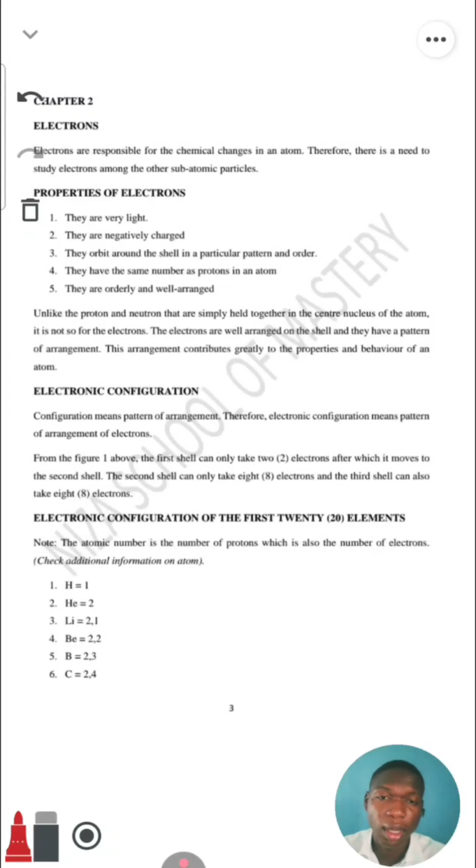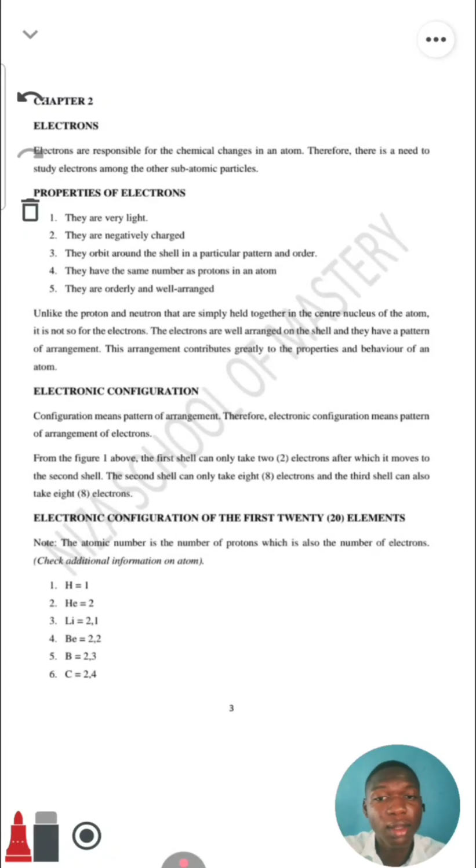Is that okay? And meanwhile, what is the number of protons? The number of protons is the atomic number, right? You remember? The number of protons is the atomic number. So if a particular element or an atom has atomic number 10, what does that tell you? That means that it has 10 protons, right? How did I know?